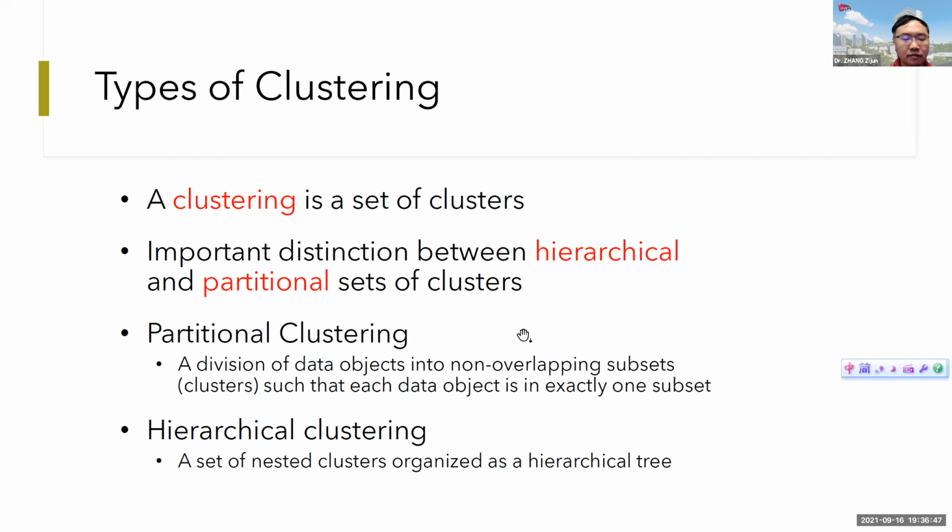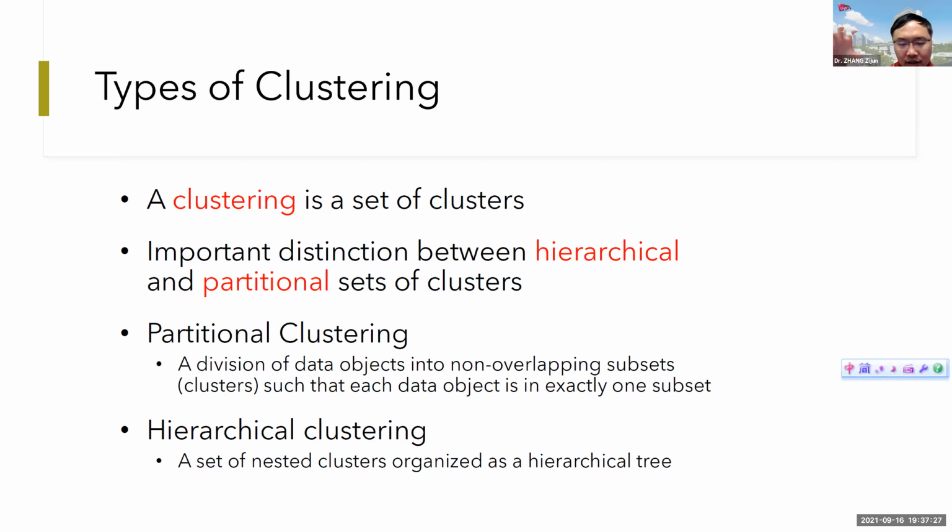Partitional clustering means you divide a full data set into non-overlapping subsets. The second is called hierarchical clustering. It is a reverse idea. Hierarchical clustering starts from one data object in the data set and uses the nested cluster idea to gradually include more data points to grow into a larger cluster, and include more to grow into another larger cluster.